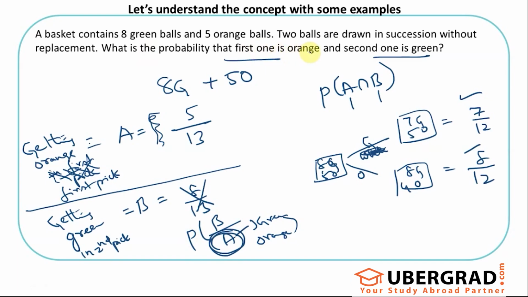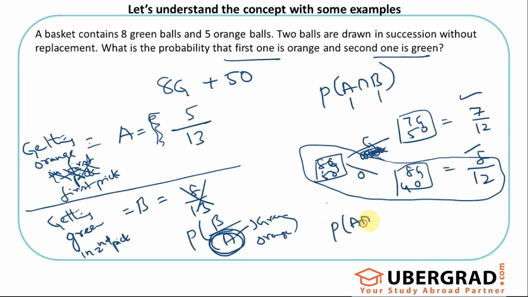So how do I do this question? What is the probability that first one is orange and second one is green? That is basically asking this part, right? I need to pick orange first and then the second one is green. So it's basically asking you to find A intersection B. The formula would go like P of A into P of B given that A has happened.